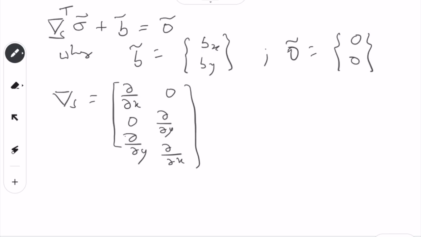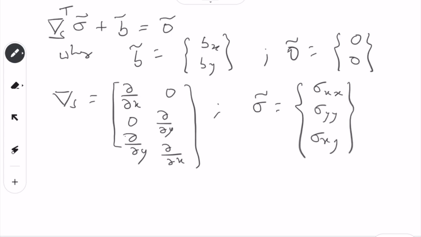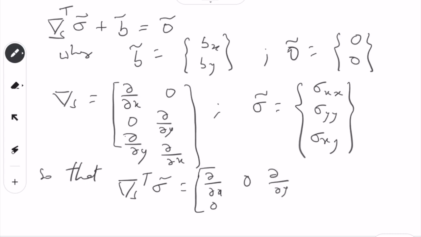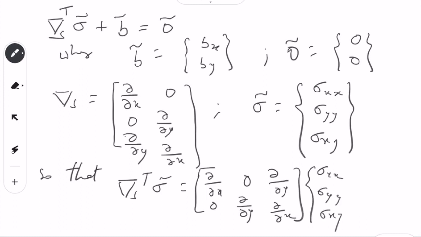And here this is what del s is, and sigma tilde is equal to sigma xx, sigma yy and sigma xy, so that del s transpose sigma tilde will be equal to this matrix, del over del x 0 del over del y, then 0 del over del y del over del x, multiplied by sigma xx, sigma yy, sigma xy.